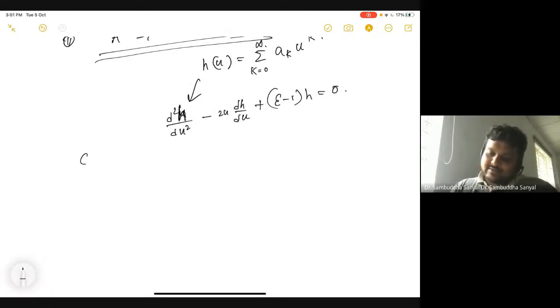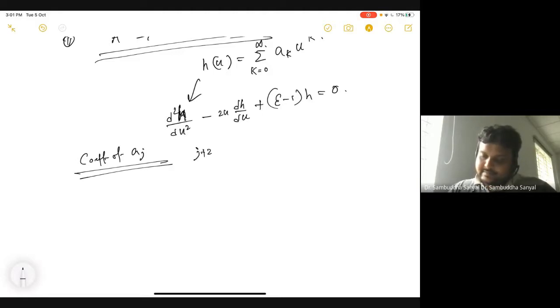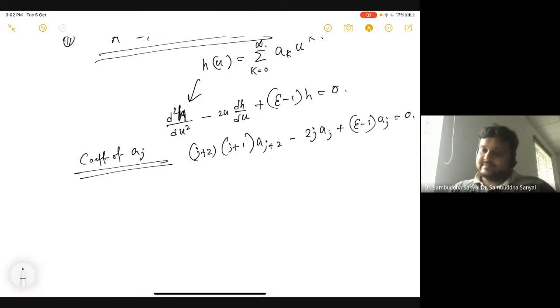So now let's look at the coefficient of u^j. That is how you solve these series solutions. It must be (j plus 2)(j plus 1) a_(j+2) minus 2j a_j plus (epsilon minus 1) a_j equal to 0, where j is 0, 1, 2.